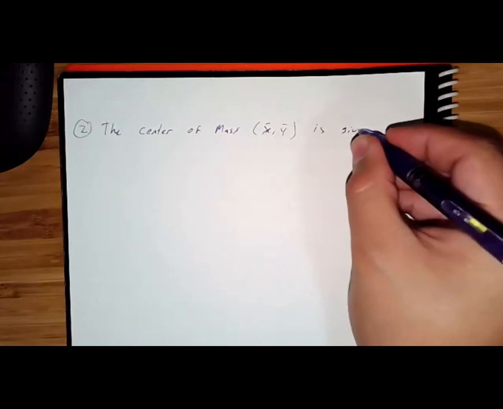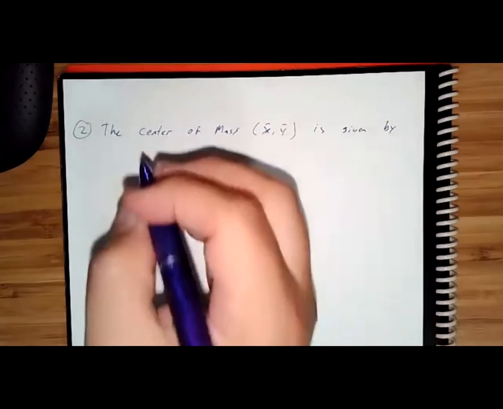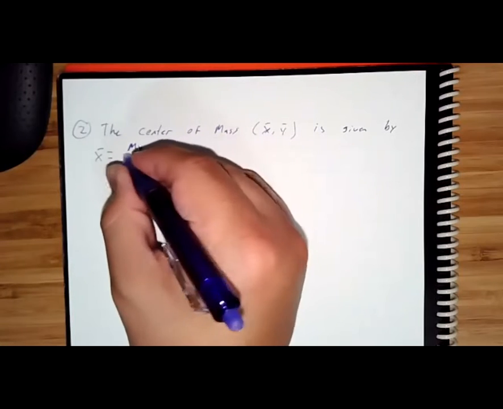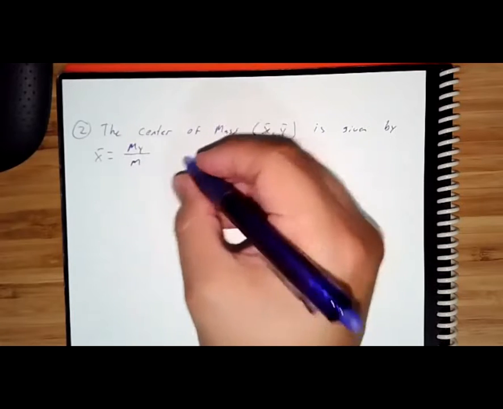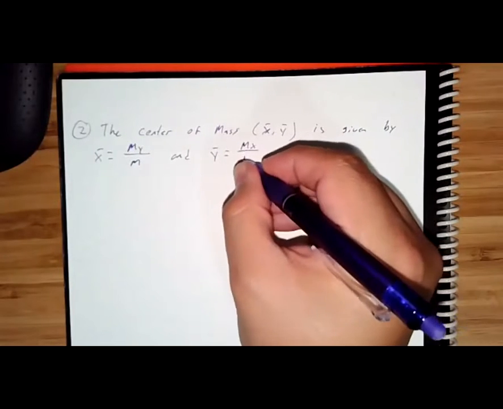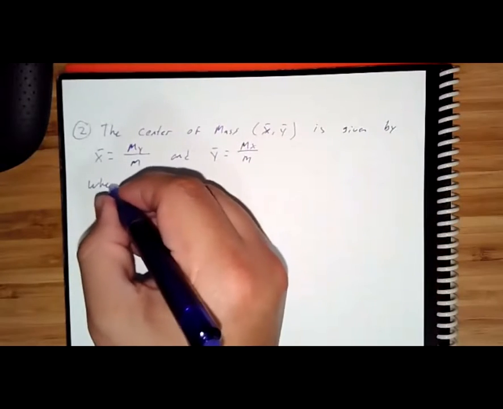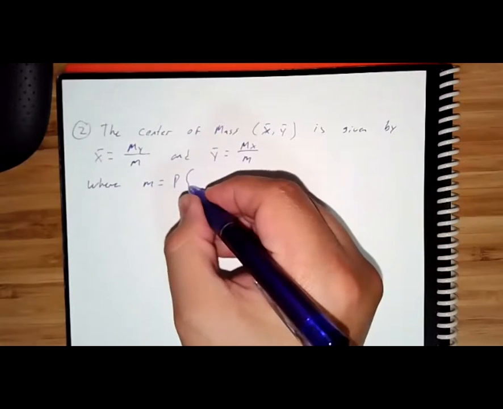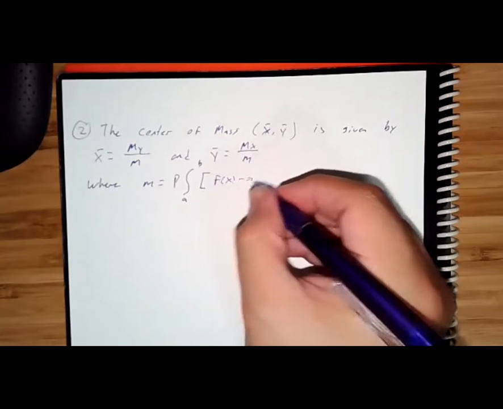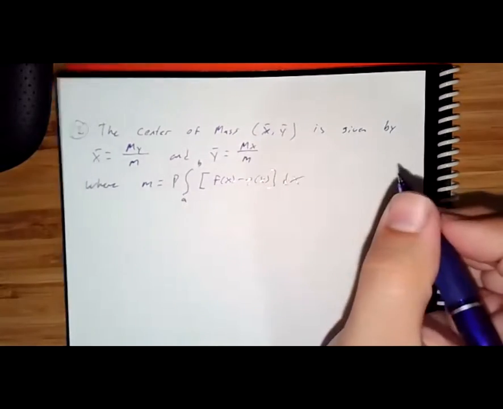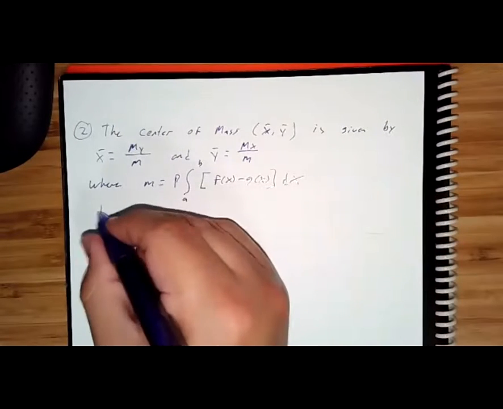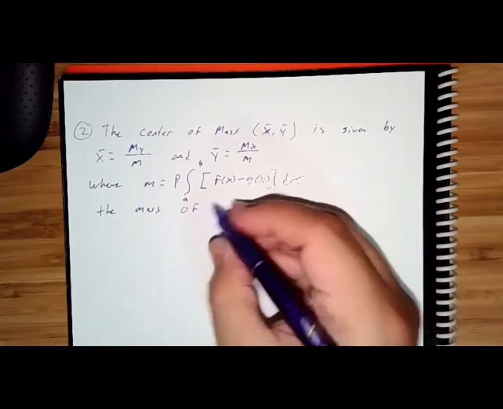This is given by x bar equal to My over m, lowercase m, and y bar is equal to Mx over m, where little m is equal to p times the integral from a to b of f of x minus g of x times dx. This is the mass of the lamina.